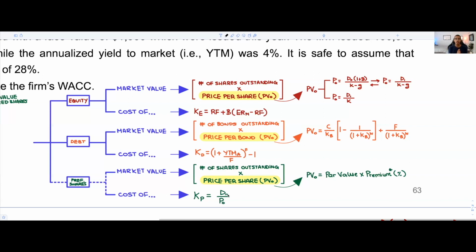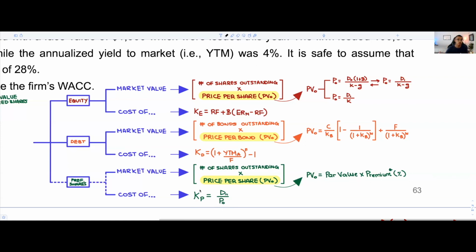So how do we find the price per preferred share? It's very, very straightforward. On the exam, they may ask you to do one of 2 things. They may ask you to use this formula right here, which will be DPS over K, and that's going to give you the price of the preferred share.